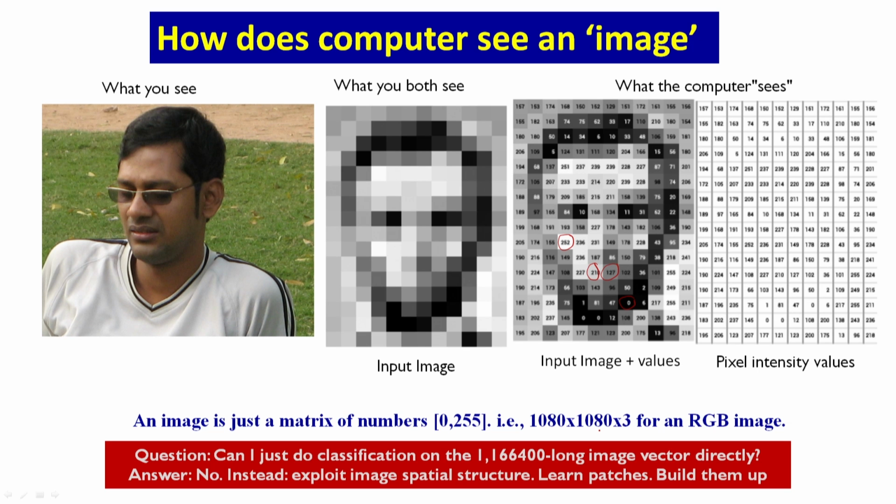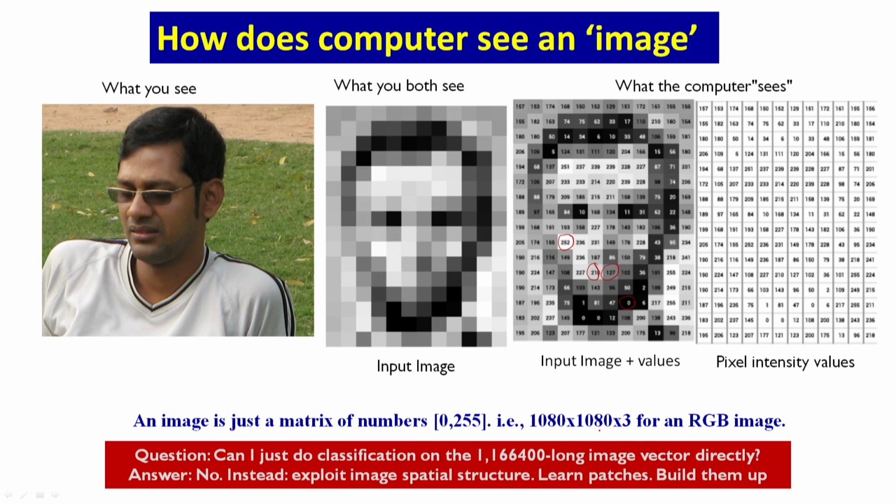So, you can convert any image. If you have printed photographs and you scan them, the computer does exactly the same thing. When you scan it, you are converting the intensity map into these numbers, the pixel intensity values.